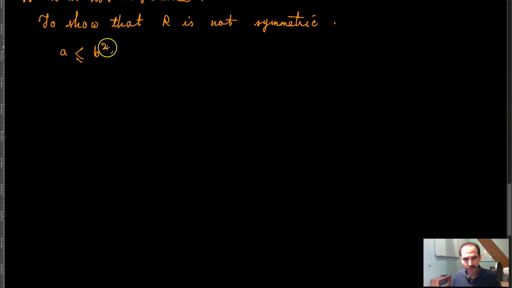Then the square root of 9 whole squared is equal to 9, and a has to be less than or equal to, let's take that as 5.